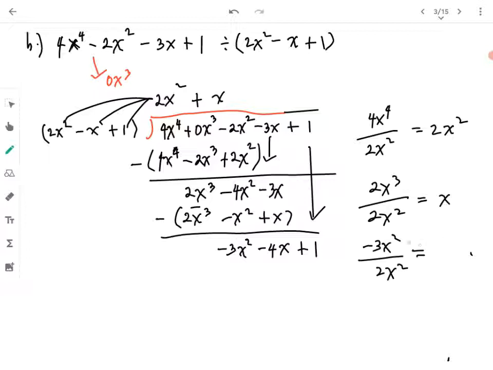So this is negative, and x squared over x squared becomes 1. So we have negative 3 over 2, so it's minus 3 over 2. Then multiplying, we multiply that by this one and this one, you will have negative 3x squared. If you multiply negative 3 over 2 and negative x, it's positive 3 over 2 x. If we multiply negative 3 over 2 and 1, it's negative 3 over 2.